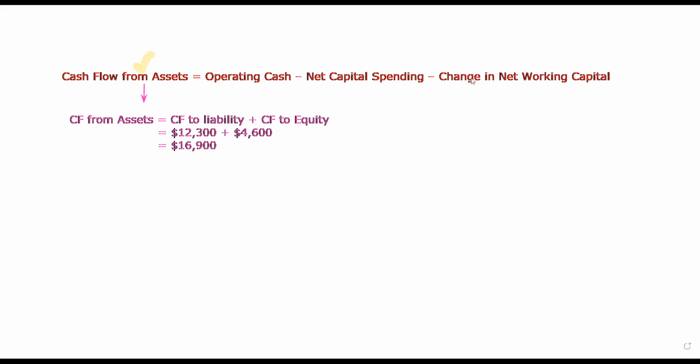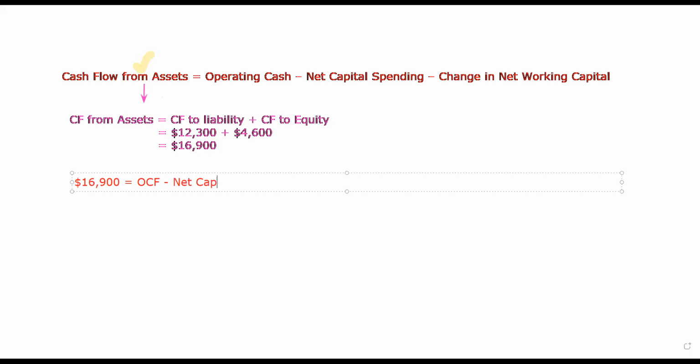So I can rewrite my formula here. Now I know my cash flow from assets, 16,900, equals operating cash flow, OCF, which we calculated at the beginning of the class as well, and net capital spending. Now, what is the formula for net capital spending?